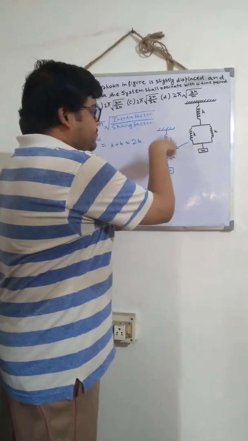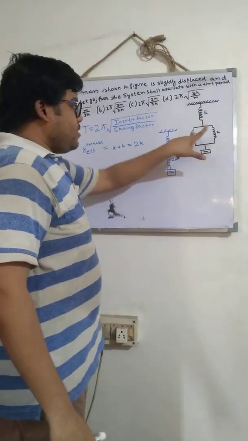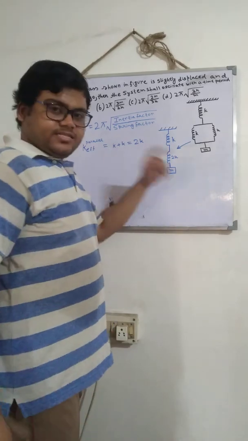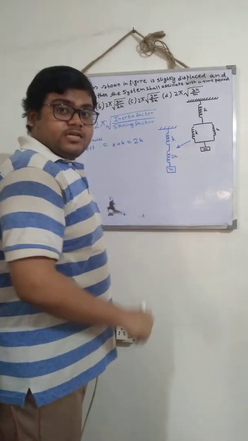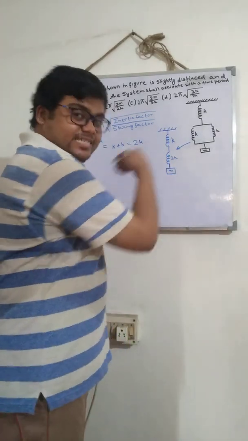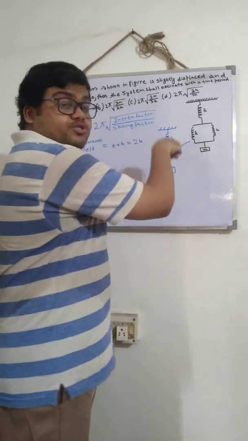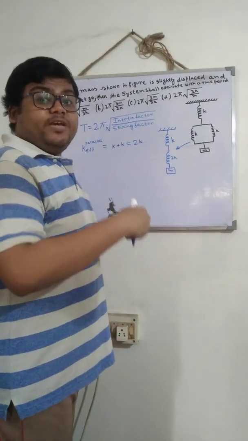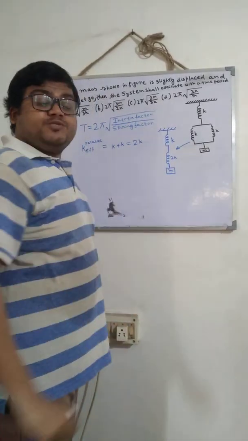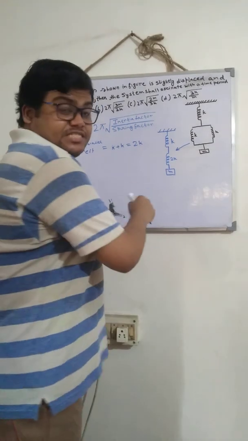Okay, 2K and K, and the mass is there. Now look. In this situation, these two springs are connected in series. So what would be the effective spring constant now?